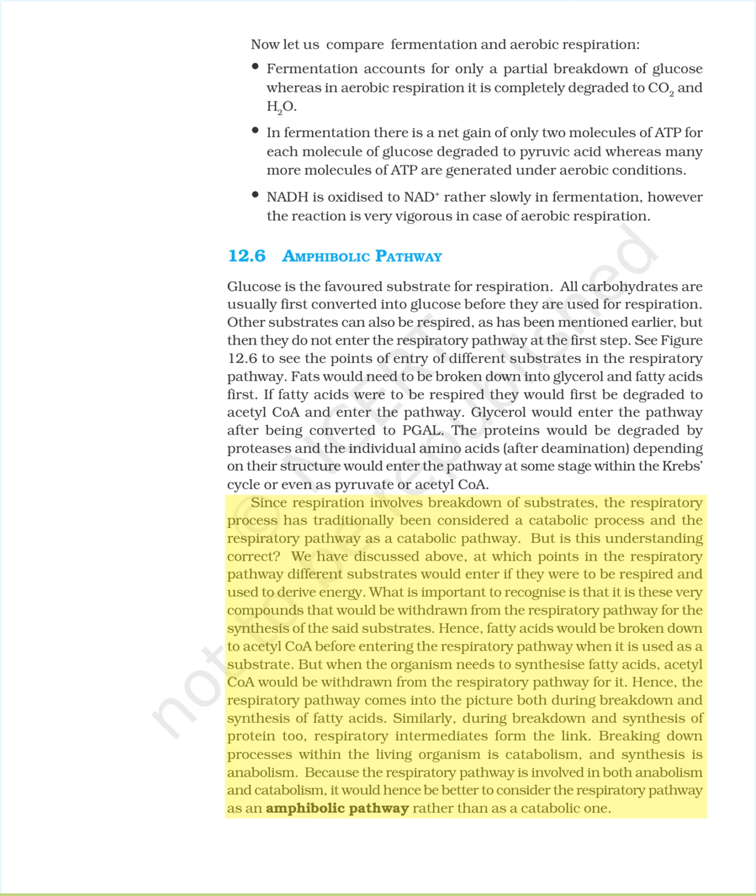Similarly, during breakdown and synthesis of protein too, respiratory intermediates form a link. Breaking down processes within the living organism is catabolism, and synthesis is anabolism. Because the respiratory pathway is involved in both anabolism and catabolism, it would be better to consider the respiratory pathway as an amphibolic pathway rather than as a catabolic one.